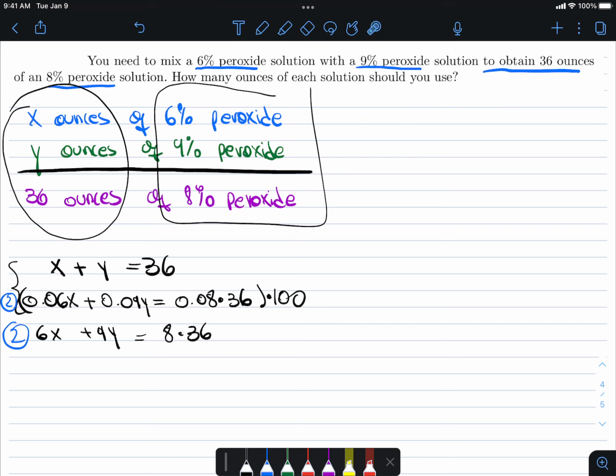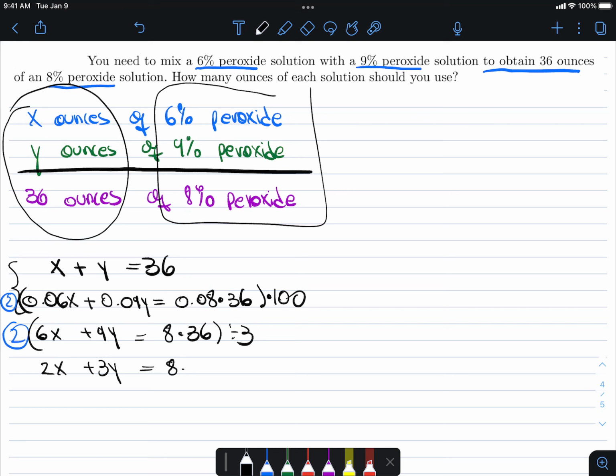And again, I know already that this is divisible by 3, this is divisible by 3, this is divisible by 3, so I will also divide by 3 before I do anything with the 8 times 36. So 6 divided by 3 is 2x, 3y, and when I divide a product, I can divide either of the two numbers, but not both.